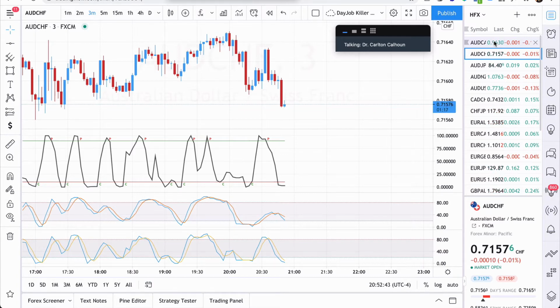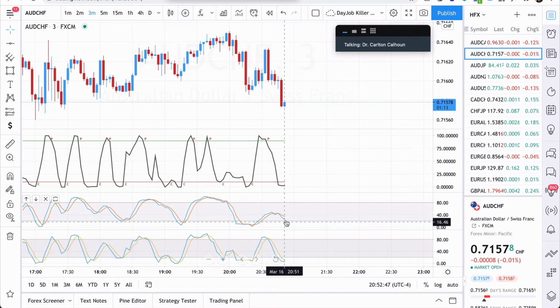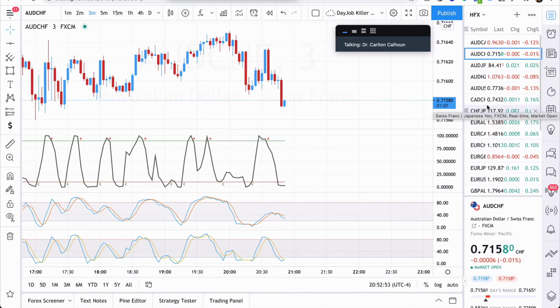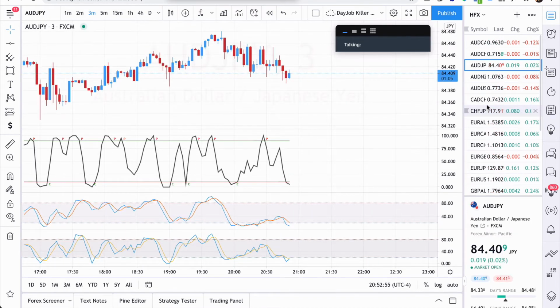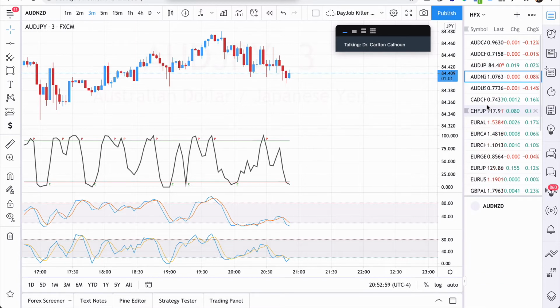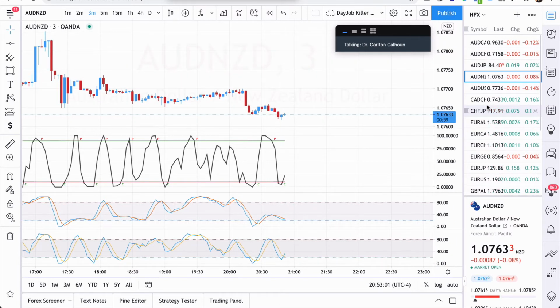AUD CHF is setting up for a call if we can get a push down on these two. So I'll come back to that. AUDJPY is setting up for a call. So, see, I was about to say all of the AUDs are setting up for calls.